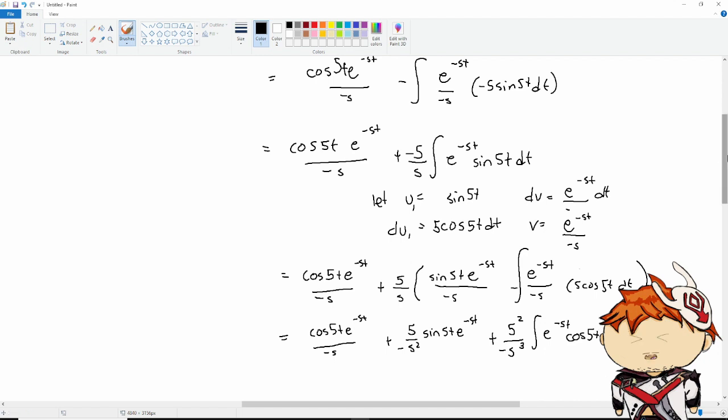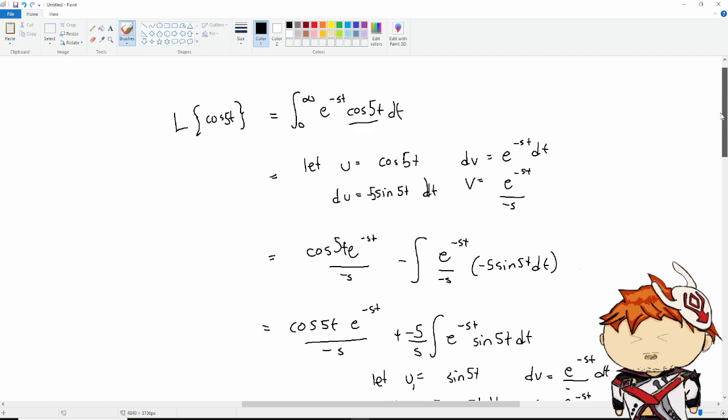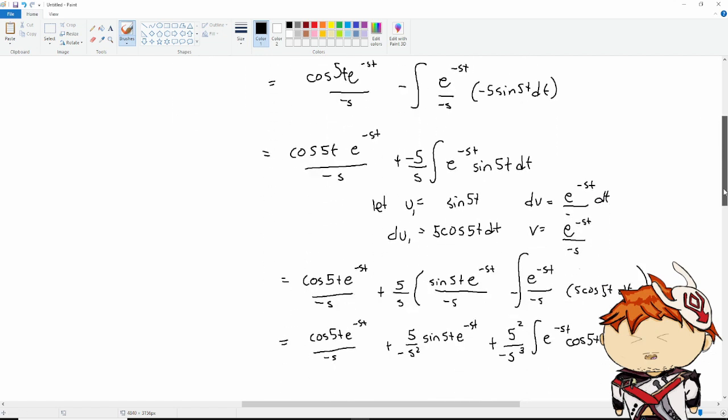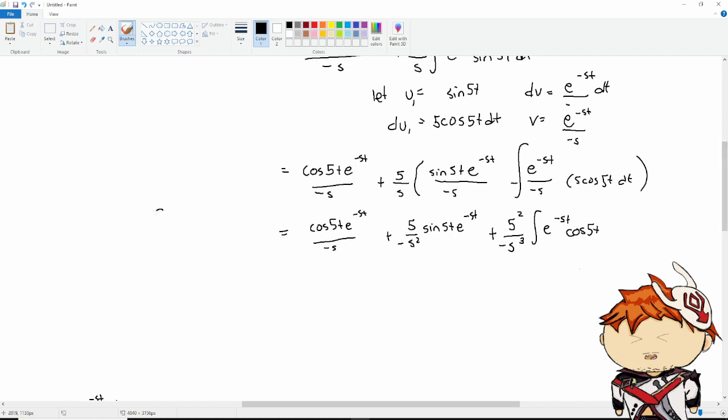Wait. Let's take note. That's the same as our initial value. So meaning the integral of e to the negative st cosine 5t is equal to this value. We can now manipulate. I'm going to move this to the opposite side. So this will become e to the negative st cosine 5t integral, positive 5 squared over s cubed.